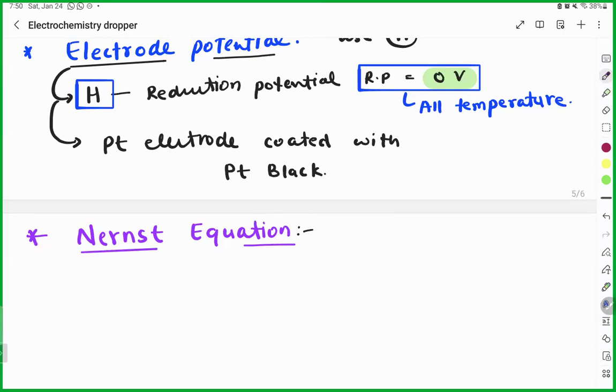Some students say they don't like the Nernst equation.